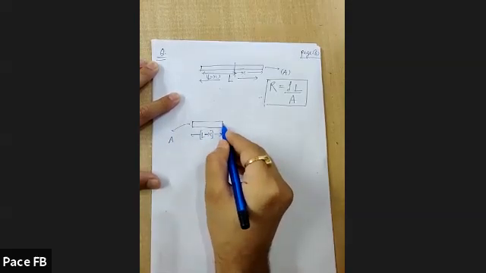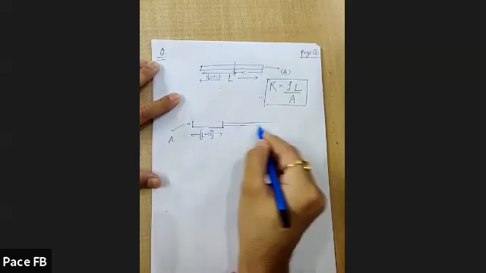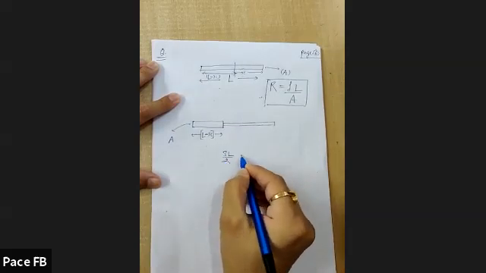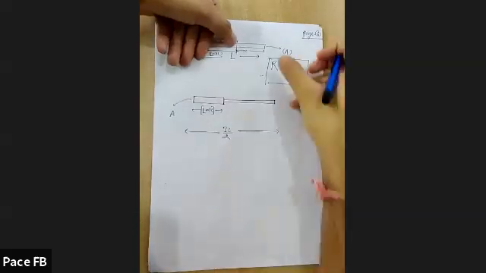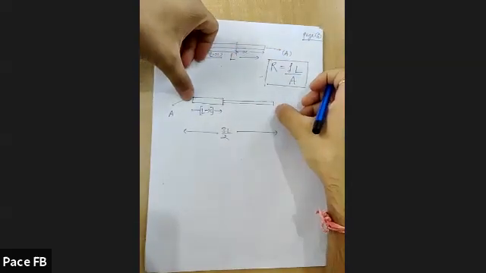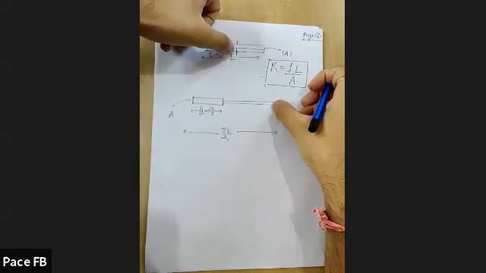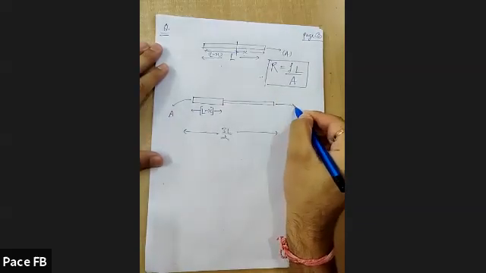And now we are stretching this part X till the total length becomes 3 by 2 times the initial length. Initial length is L. So obviously the area of this stretched part will change.